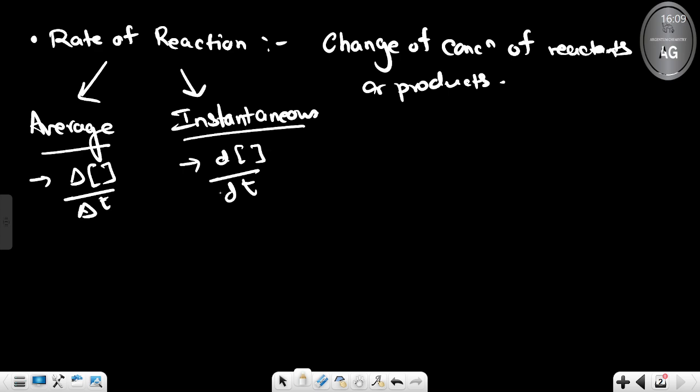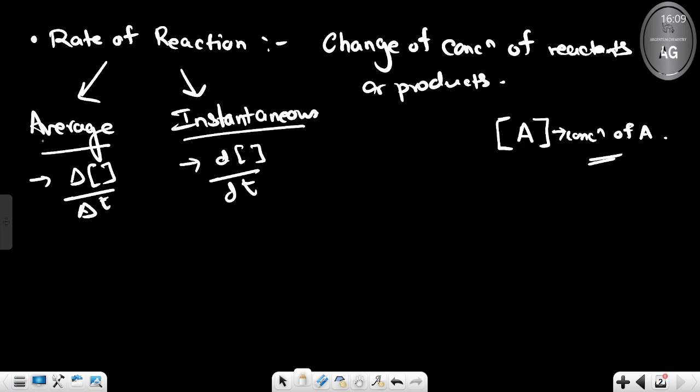Mostly we will use the d only because we will talk about the instantaneous only in most cases. Clear? Okay. Writing concentration should always be in a bracket. Concentration of suppose a substance A will be called concentration of A. So whenever you are writing concentration of A, you will write it using a square bracket. Clear? Okay. So understood what is rate of reaction?